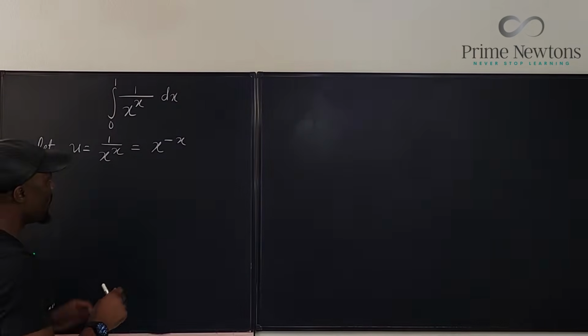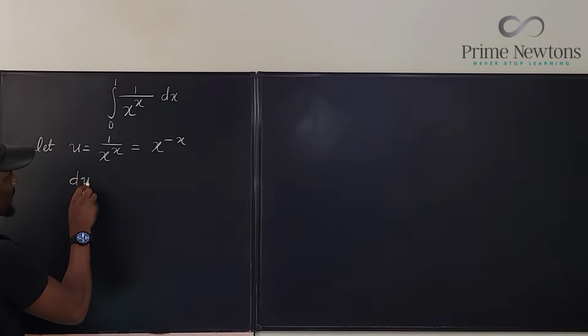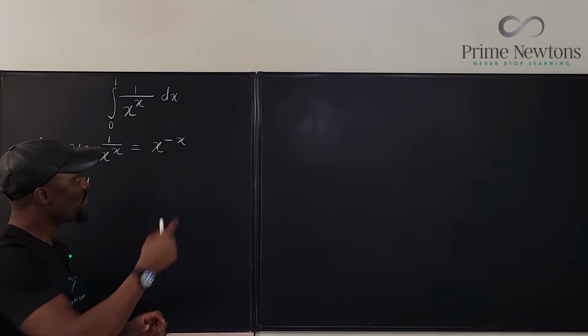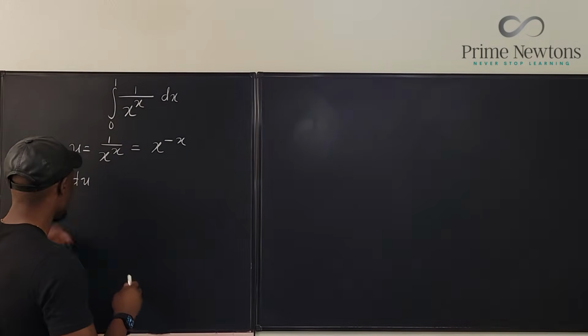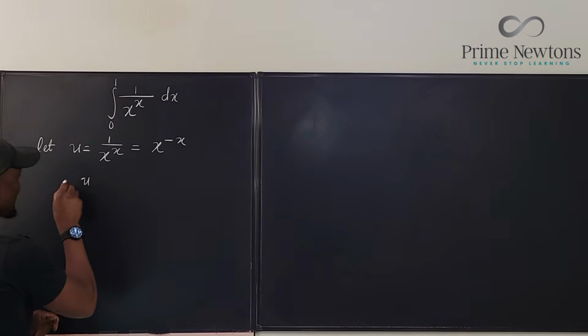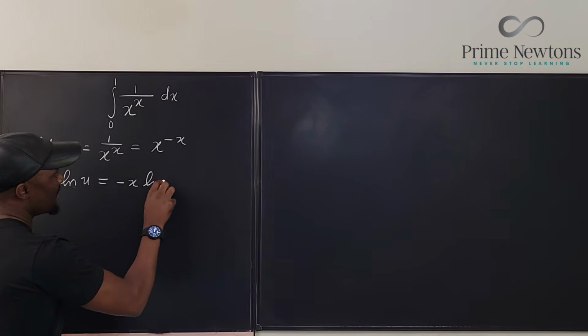Okay, so then I can say du, if I differentiate, oh no, remember you need to bring it down, so we need to introduce the natural log function. So I'm going to say ln of u will be equal to negative x ln of x.